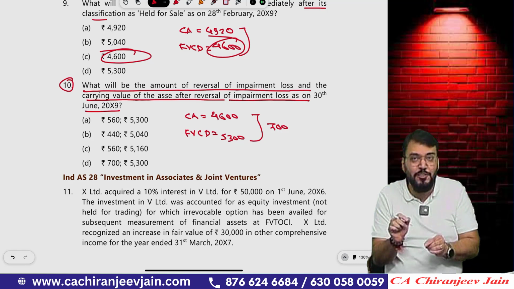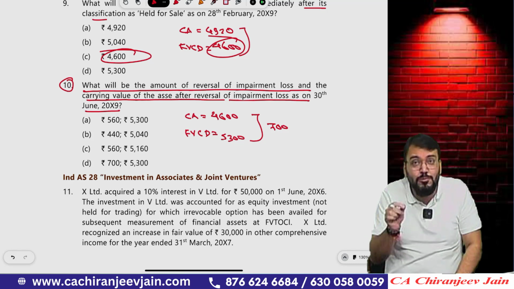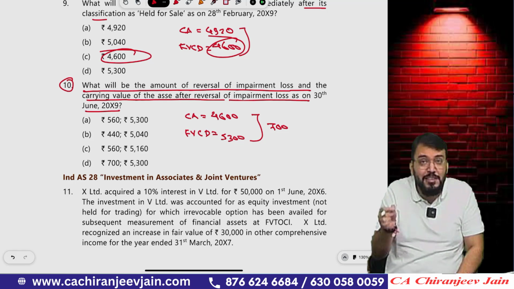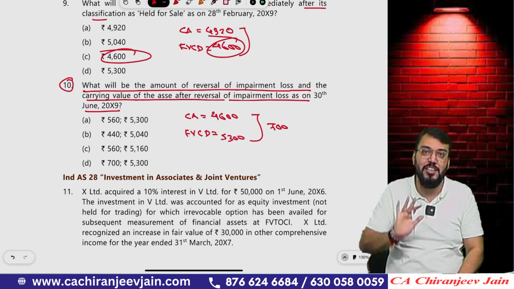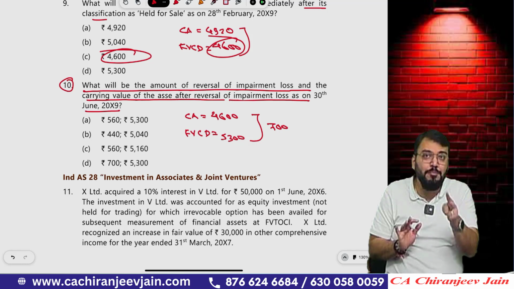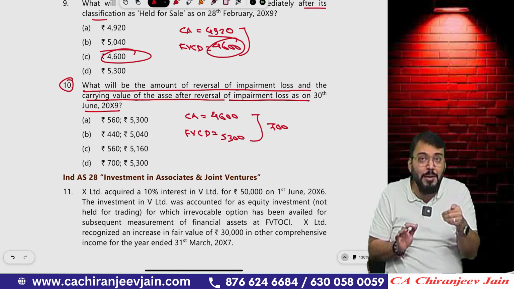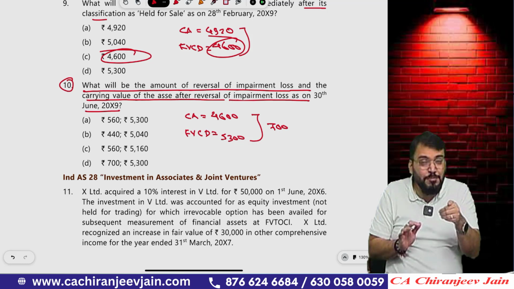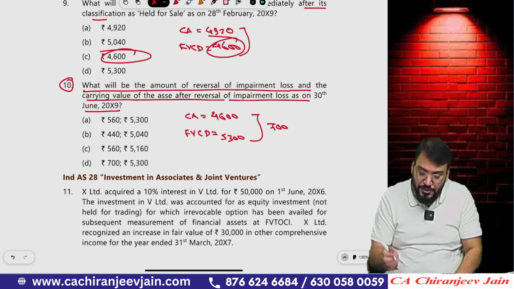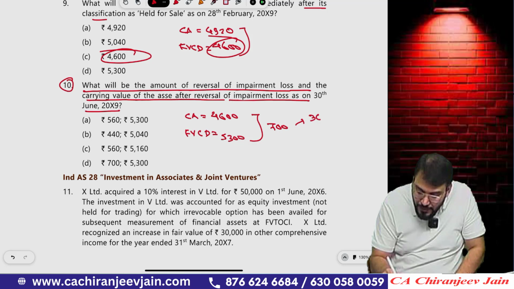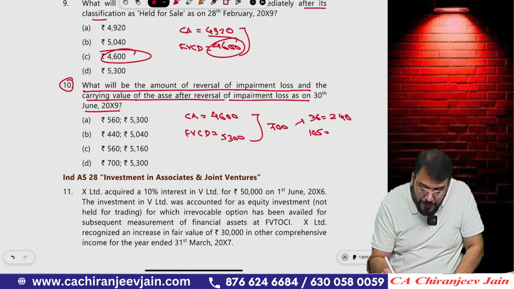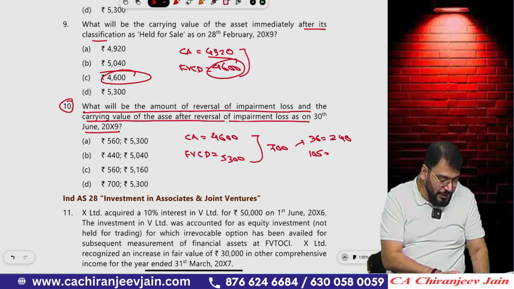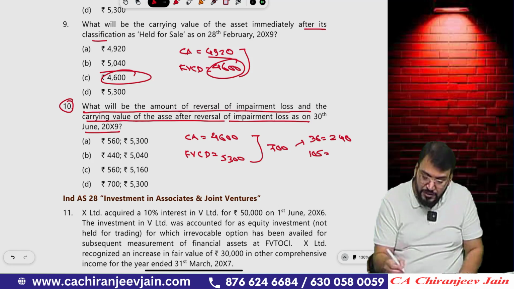But as per Ind AS 105, we can reverse only to the extent of the impairment loss which was recognized previously as per Ind AS 105 and as per Ind AS 36. Means we need to find out the total impairment loss. As per Ind AS 36 it was 240, and as per Ind AS 105 it was 4,920 minus 4,600, which is 320.